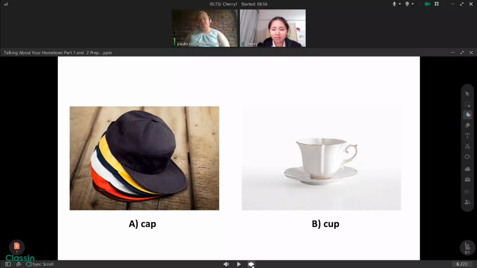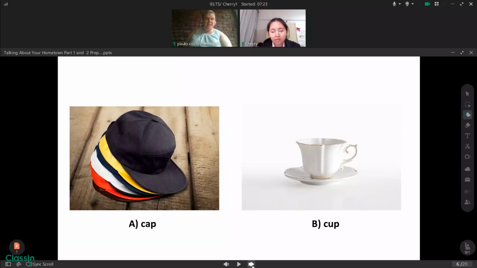Right, a cap is also an accessory worn by people, and the colors do matter if they wear a specific color, and it's to protect their eyes and their face from the sun, especially when being outdoors. But it's also a fashion item. A cup like the one you see in the picture is for tea.